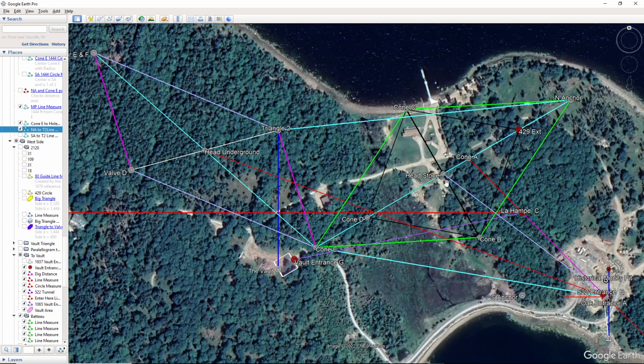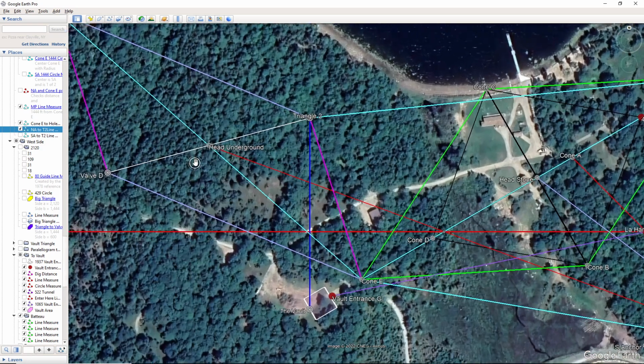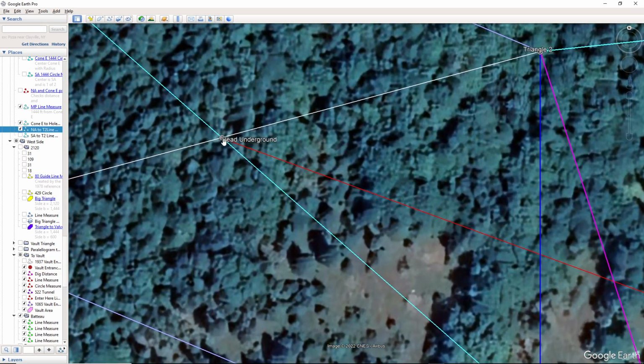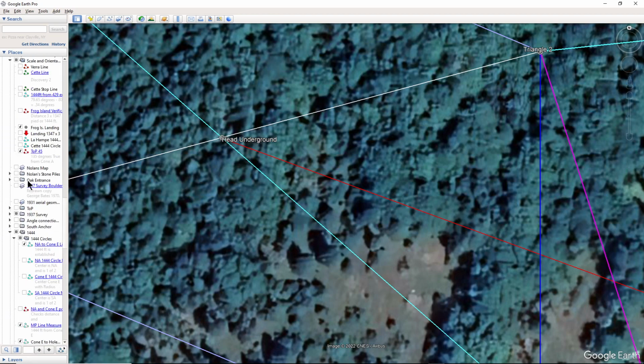So where would that be? Is it going to be this far away? Are they that far apart? Or are these just virtual points to give you the geometry to find this point?